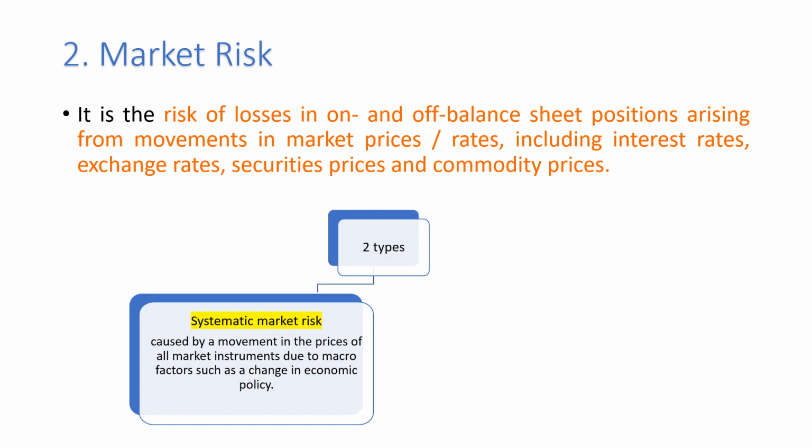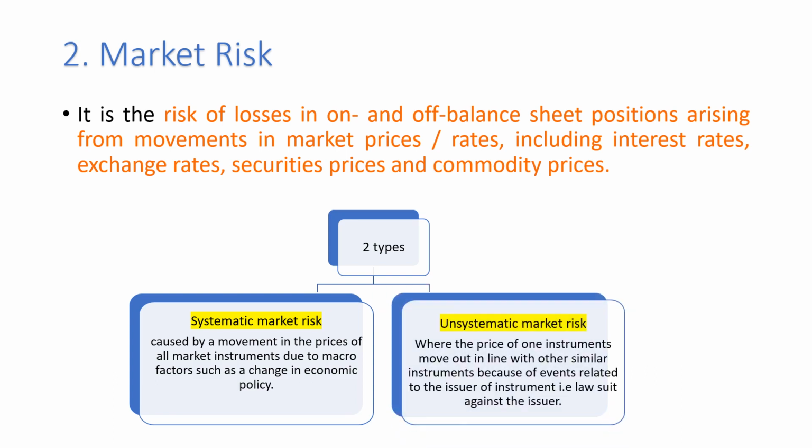First, systematic market risk, which is caused by a movement in the prices of all market instruments due to macro factors such as a change in economic policy. Second, unsystematic market risk, where the price of one instrument moves out of line with other similar instruments because of events related to the issuer of the instrument, for example, a lawsuit against the issuer.